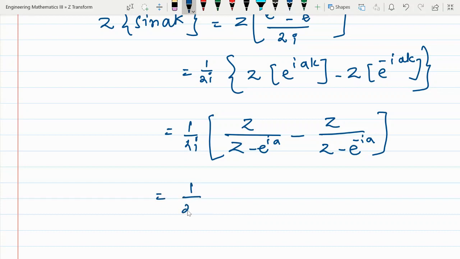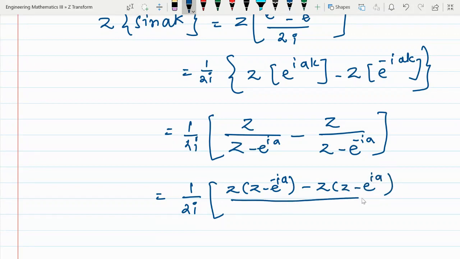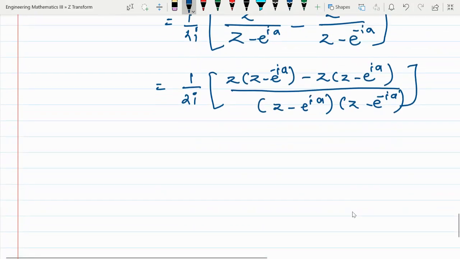After doing the cross multiplication, what I get is Z into Z minus e raised to IA minus Z into Z minus e raised to IA, divided by the product of these two, Z minus e raised to IA into Z minus e raised to minus IA, isn't it?